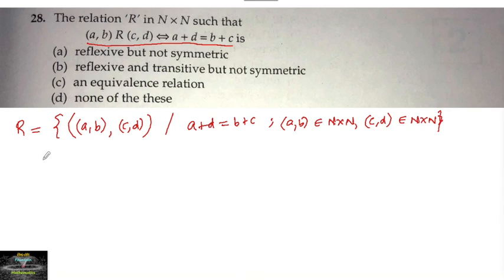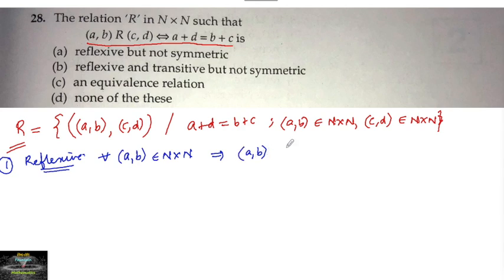Okay, now we need to check whether this relation is reflexive or not. The first one, reflexive, let us check. Let us consider one ordered pair (a, b) belongs to N cross N. Is (a, b) related to (a, b) or not?